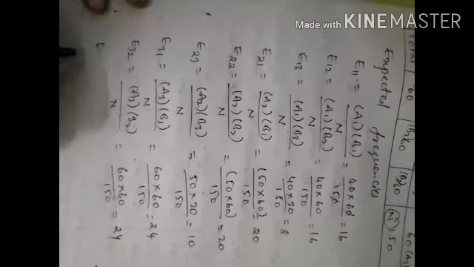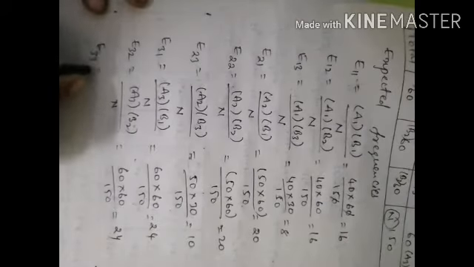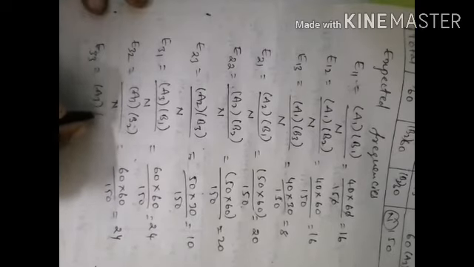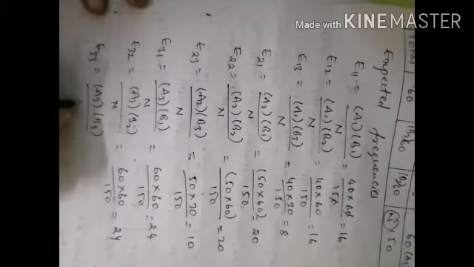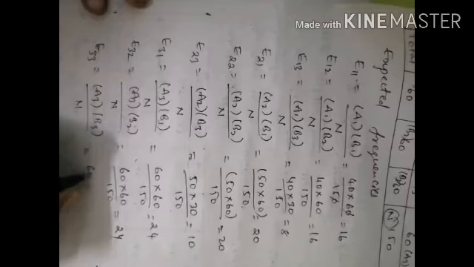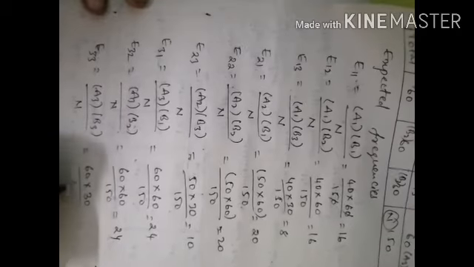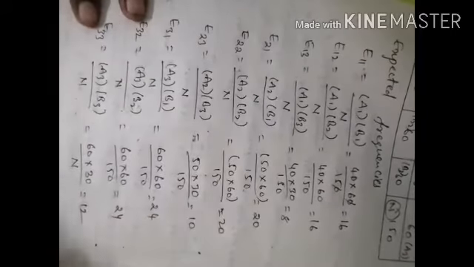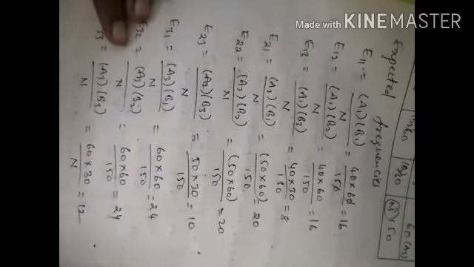The last cell, E33: A3 into B3 by N, 60 into 30 by N, we get 12. So these are all the expected frequencies.